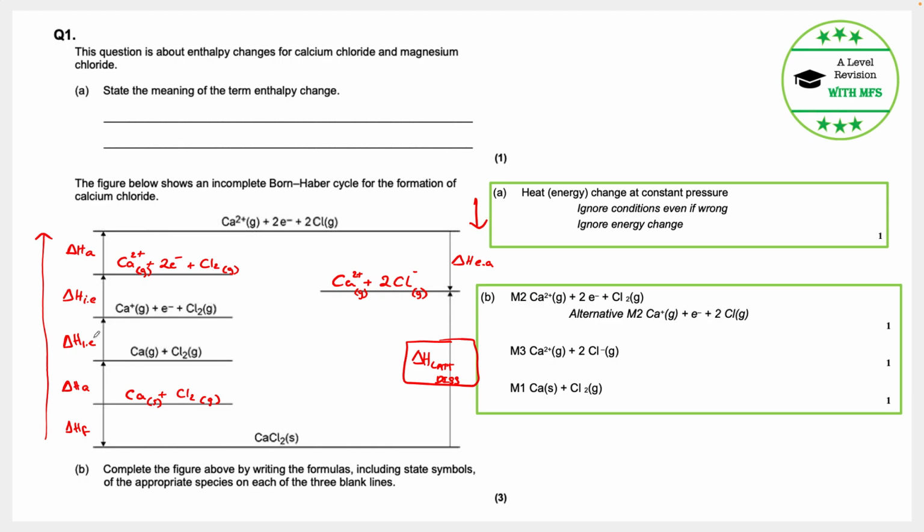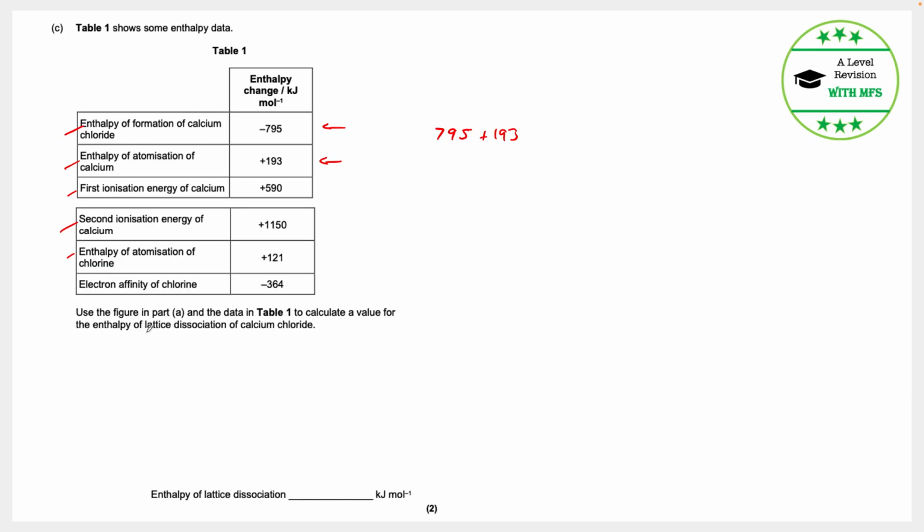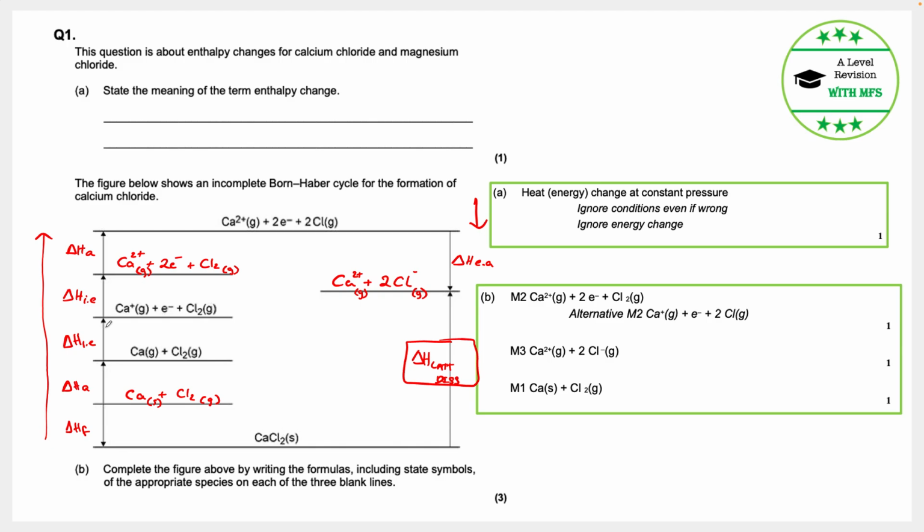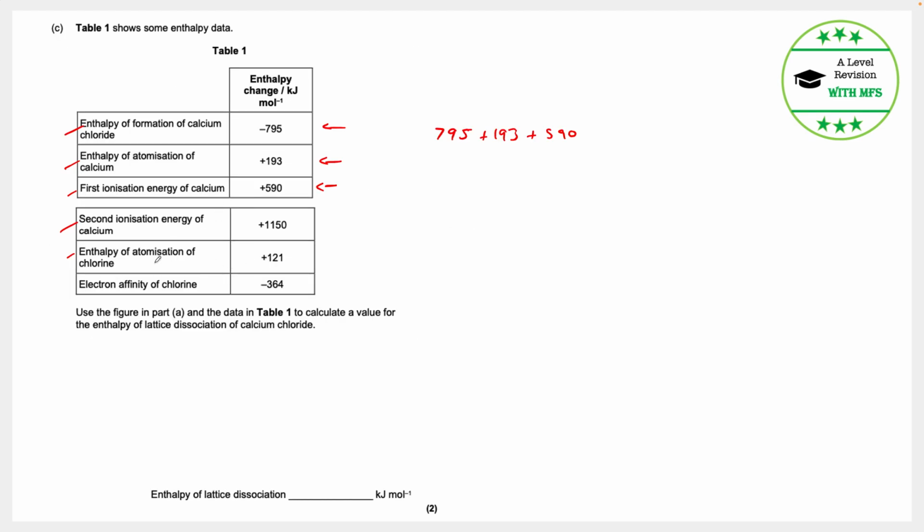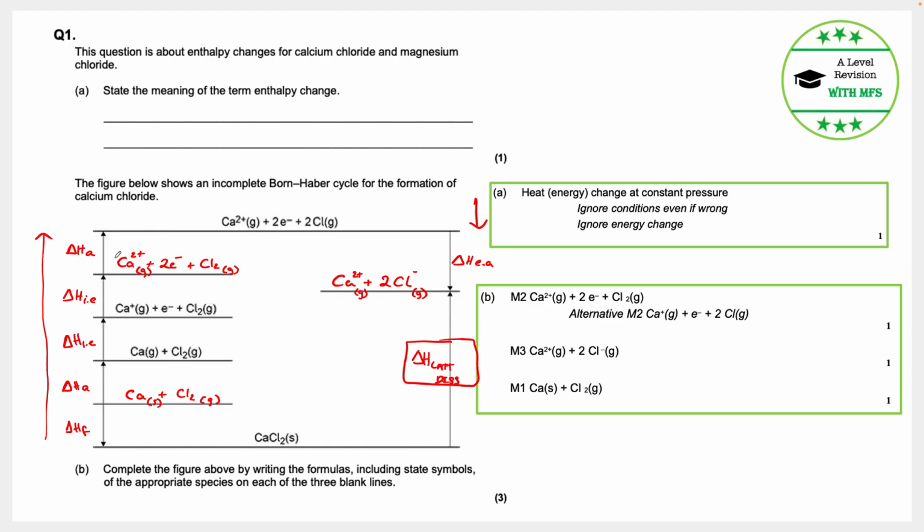Next stage is the ionization energy, the first ionization energy of calcium, which is 590, so we're going to add 590. Next is the second ionization energy of calcium, which is 1150.